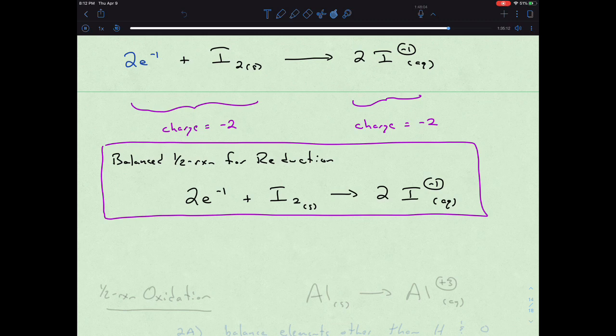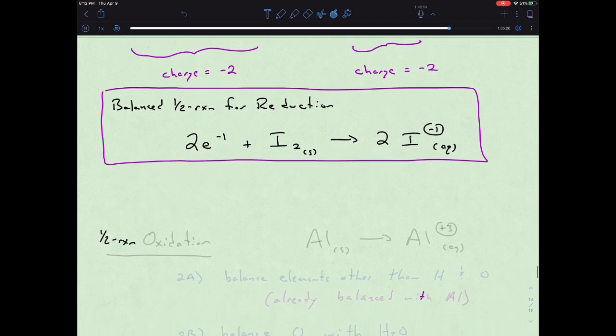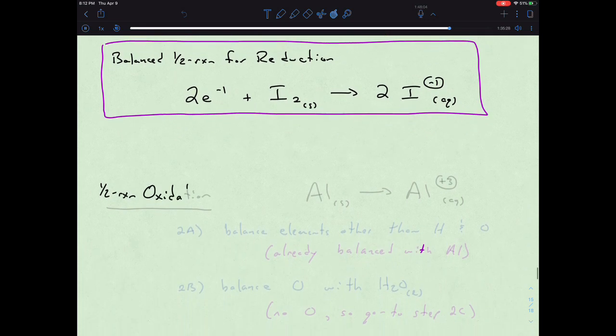We now have to do all those steps again for the half reaction for oxidation. So now we need to look at the half reaction for oxidation. And with that half reaction for oxidation, right, we were looking at the aluminum.